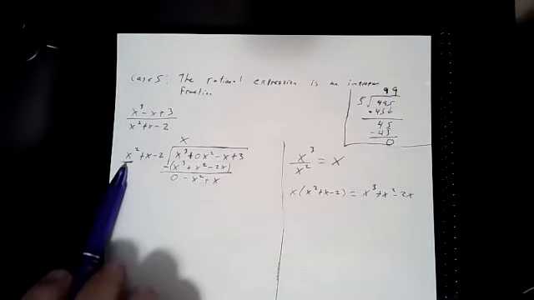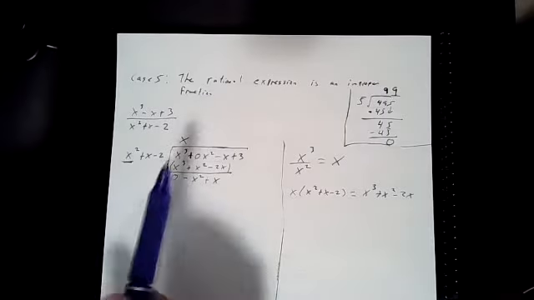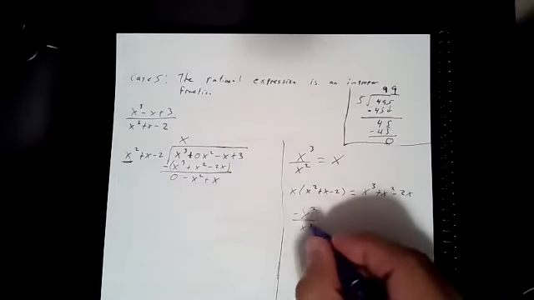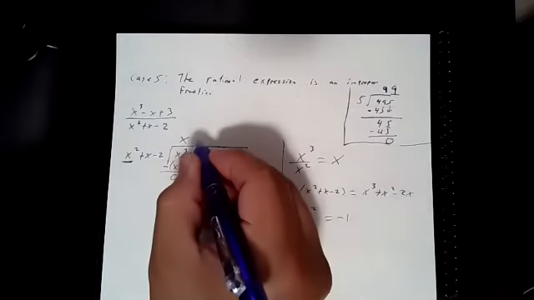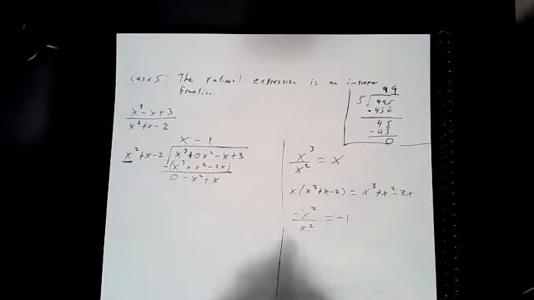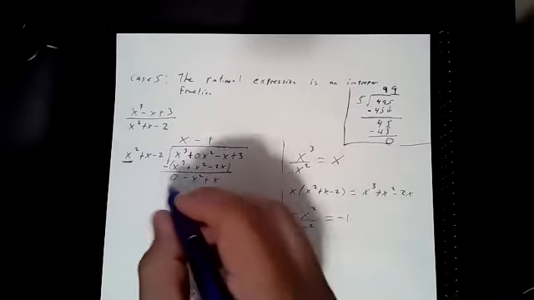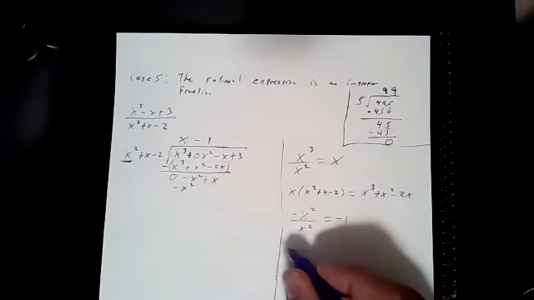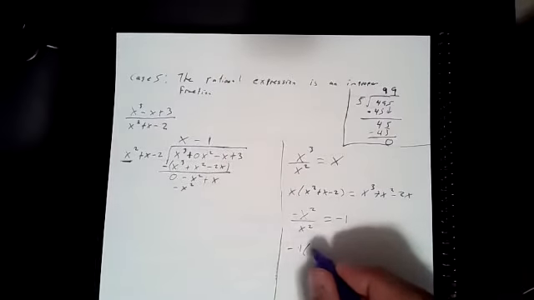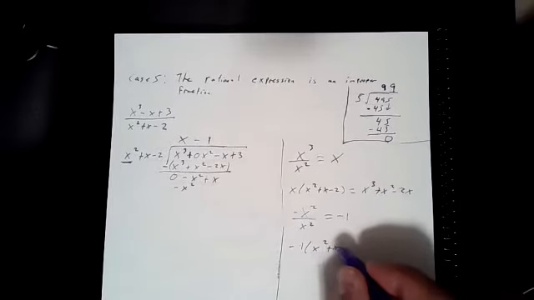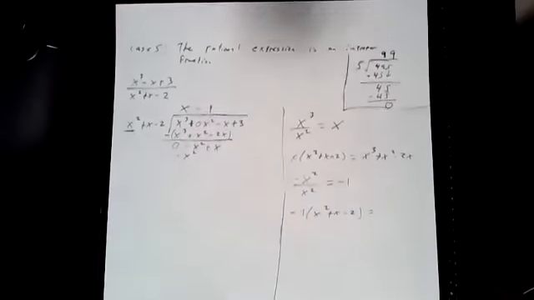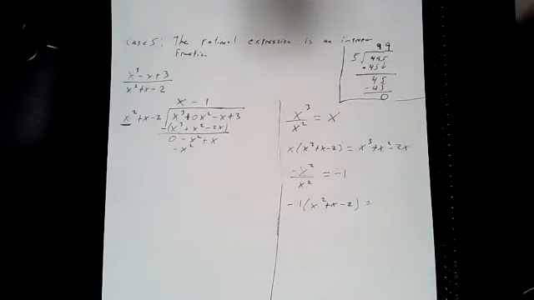Now, x squared goes into negative x squared negative 1 times, right? Negative 1 times this. Distribute, right? So I'm going to do it over here. Negative 1 times the whole divisor. Just switch the signs, right?